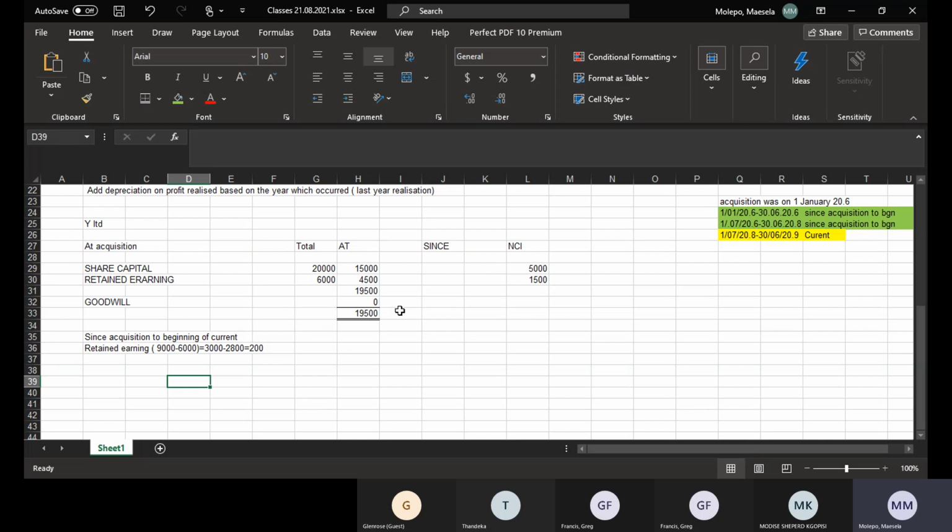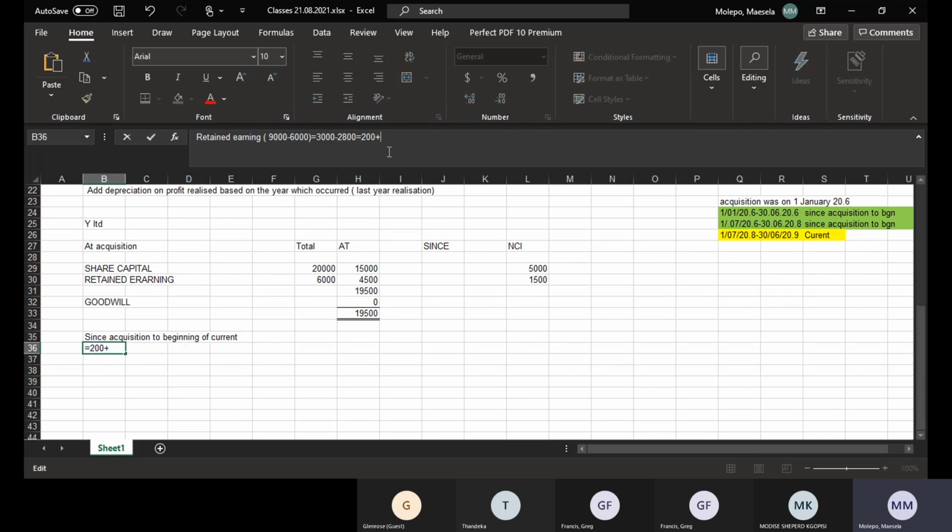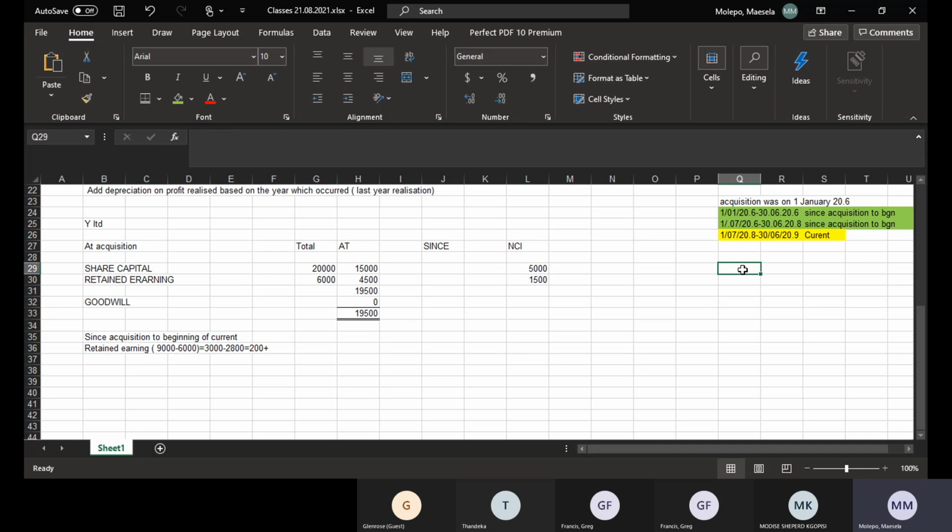So the asset depreciated. Now we have to add that depreciation because we are now realizing it. So we add the depreciation on the asset. Let's calculate it. Calculation of the depreciation.